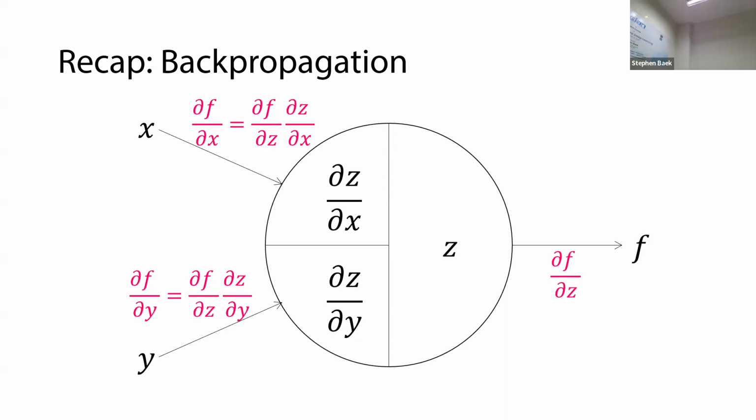Later, when you want to take the derivative of something, you go from the end backward, multiply the value with the local derivative, pass it along, and so on and so forth.